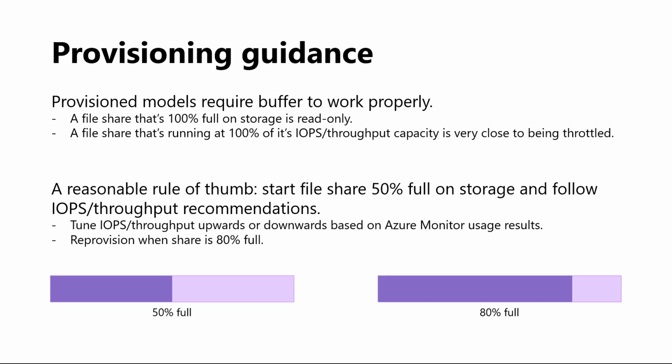The reason I say this is because whatever you get in terms of IOPS and throughput is going to be more than sufficient for most use cases to get started. And then you can tune that IOPS upwards or downwards based on what you see in Azure Monitor. Then we would recommend that you increase your share size when you get to about 80% full.